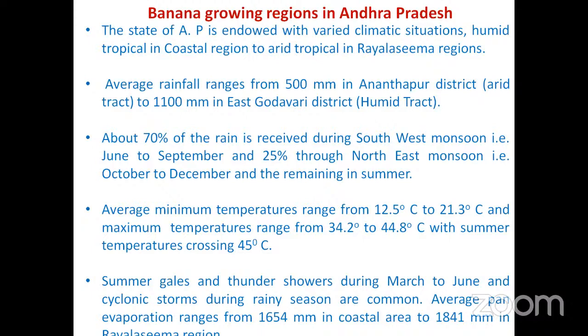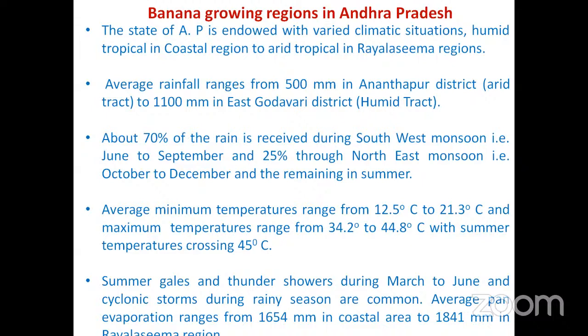Most, about 70%, of the rain is received through the southwest monsoon, from June to September, whereas 25% is received through the northeast monsoon, from October to December. And the remaining is in the summer months. In summer also, we may receive some rainfall through summer showers.